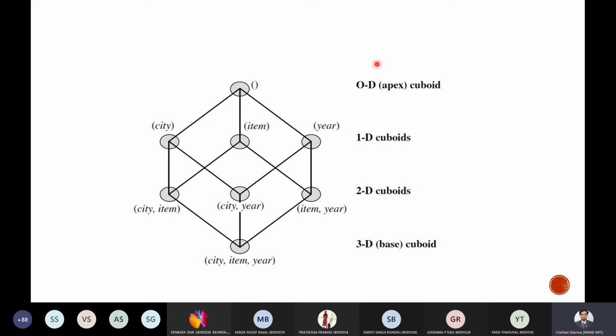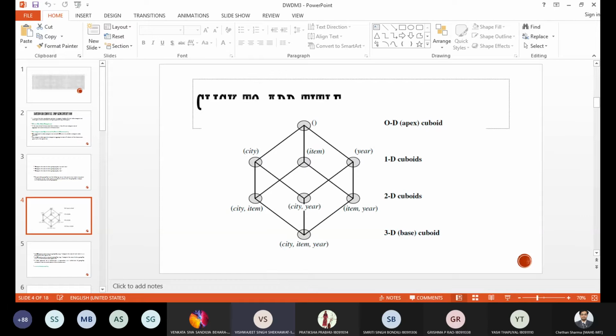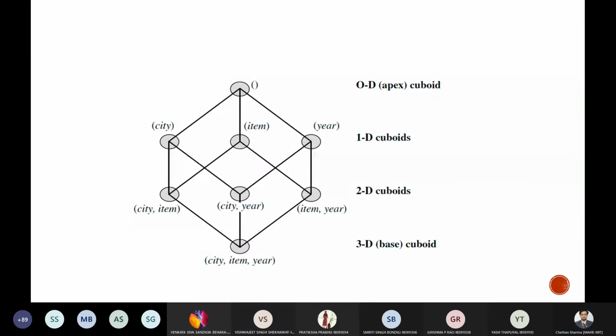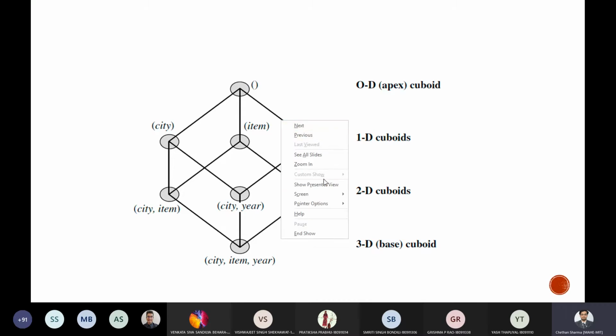So a SQL query with no group by, such as this. So I will just again repeat: a SQL query which contains no group by, like if the SQL query is something like compute the sum of total sales.